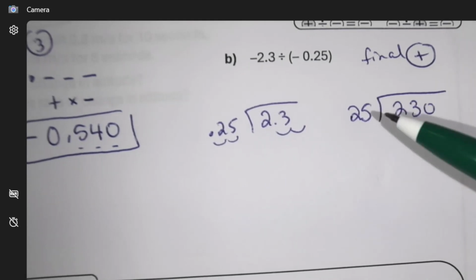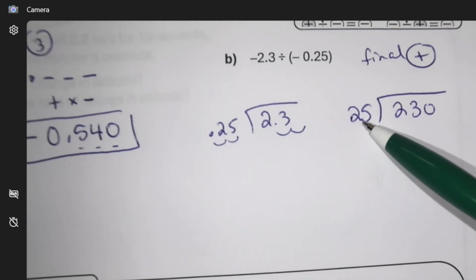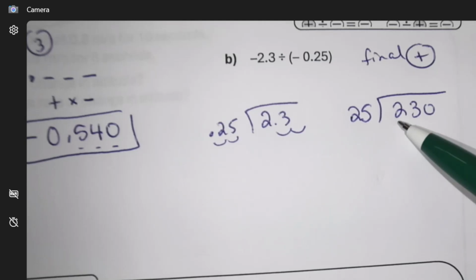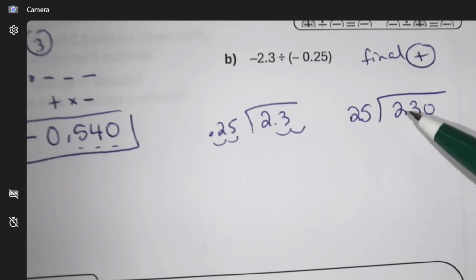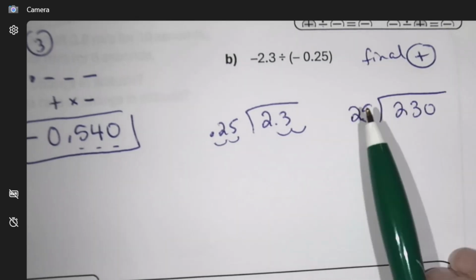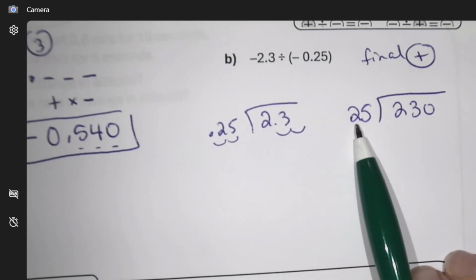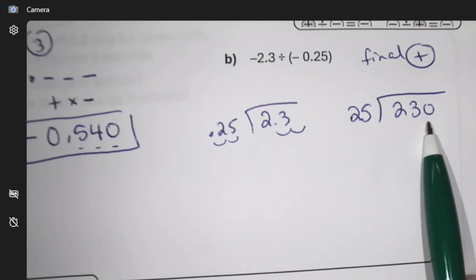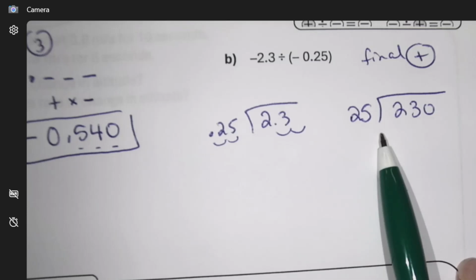Okay, here's my question. How many times can you put 25 into 2? How many times would it fit? None. How many times can you put 25 into 23? 0. Okay, so now how many times will we put 25 into 230 without your calculator? 9. How'd you get that so fast?